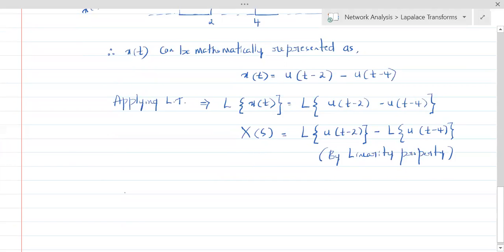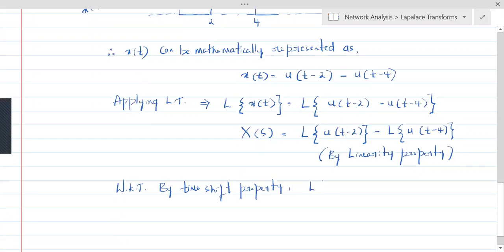Also, we know that by the time shift property of Laplace transform, the Laplace transform of, let's say, x of t minus t naught, the generalized property, is given as e power minus t naught s into x of s.